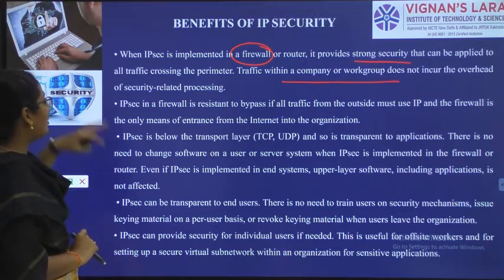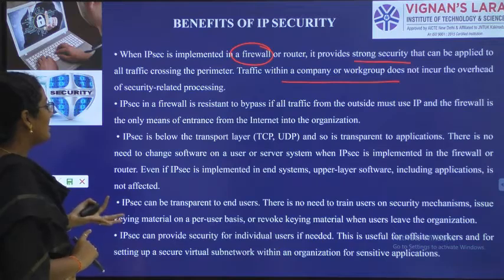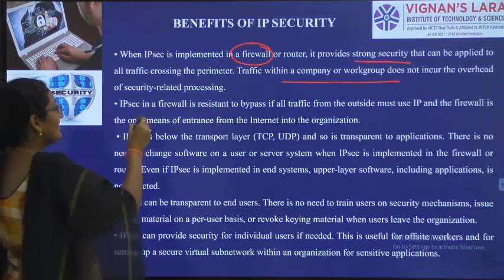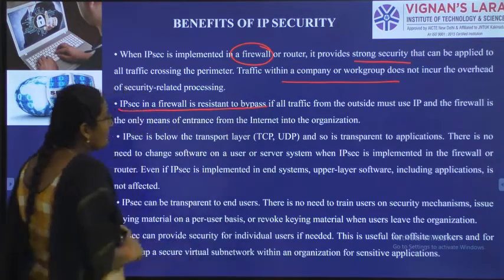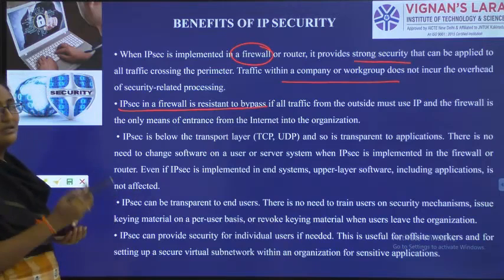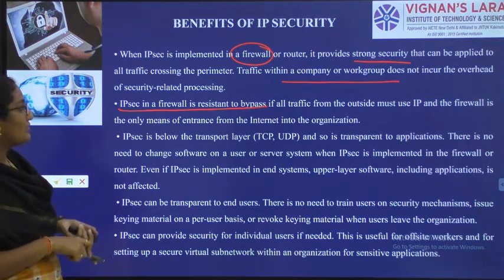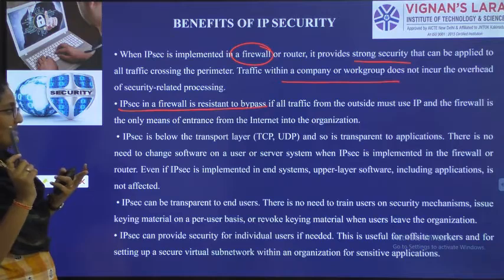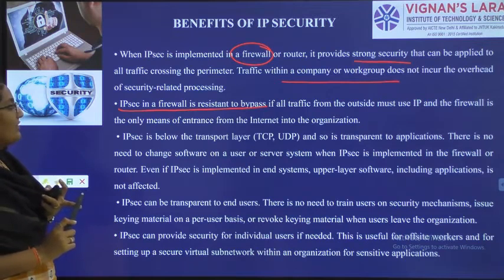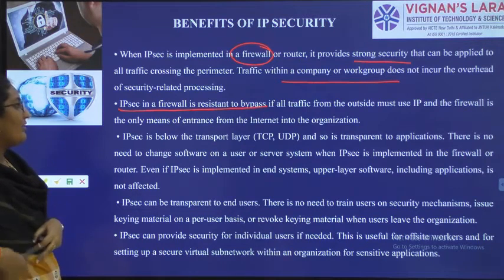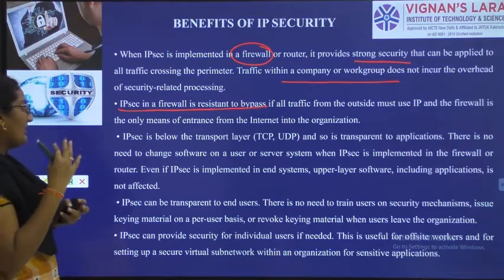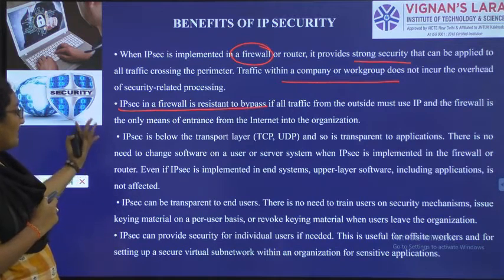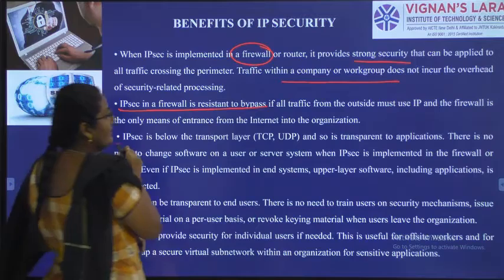So it is used to regulate the traffic in a company. IP security is resistant to attacks on the firewall. So, first point, IP security is used in a firewall to regulate the traffic in companies, and it is resistant to all the dangers. IP security will be present below the TCP and UDP.